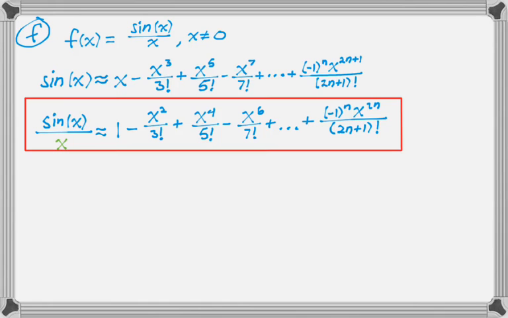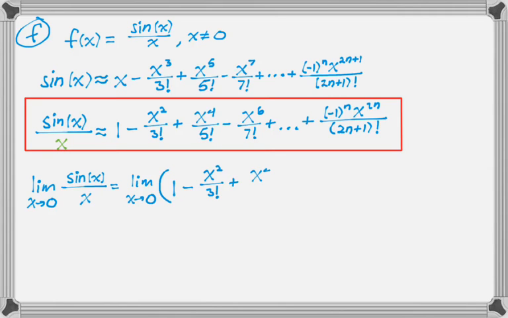That tells us that the limit as x approaches 0 of sine of x over x is the same as the limit of the right-hand side, just taking the limit of both of them. So we have this, and if you look, there's a 1 and then there's an x in everything else. So when I take this limit, the only thing left is going to be 1.